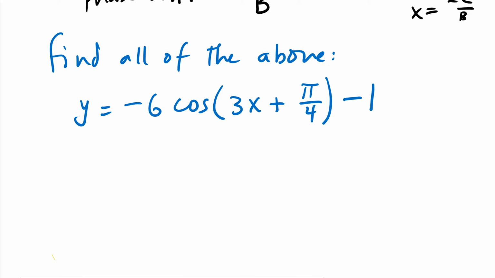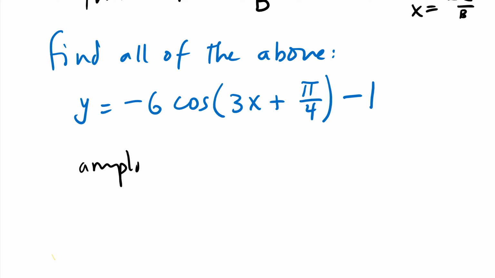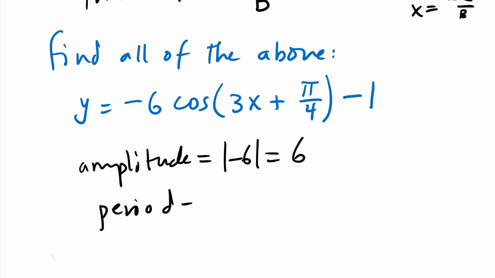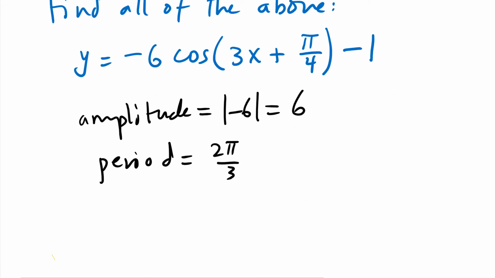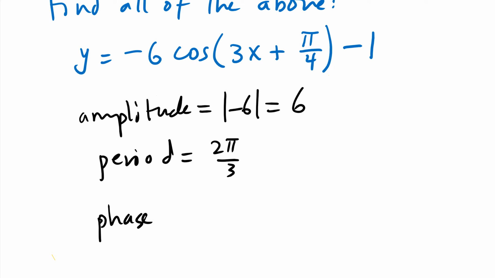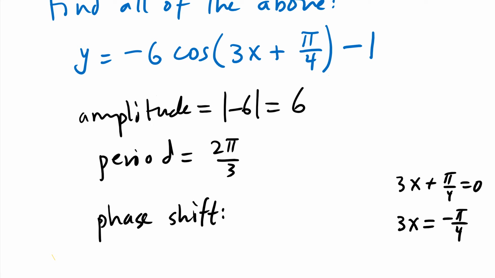Okay, so here the amplitude is the absolute value of negative 6, which is 6, the period is 2 pi over 3, and for the phase shift, you set this equal to 0, subtract pi over 4, and then divide by 3, which becomes negative pi over 12. When you divide by 3, you multiply the 3 by 4.